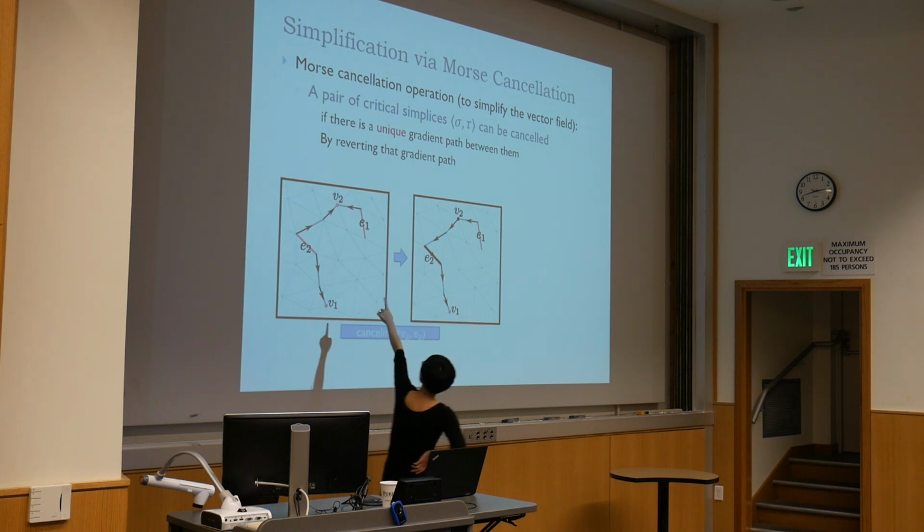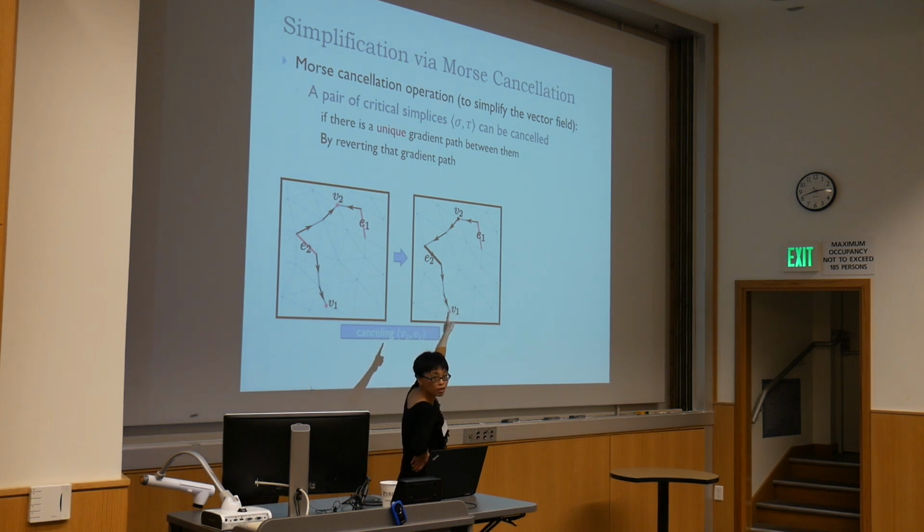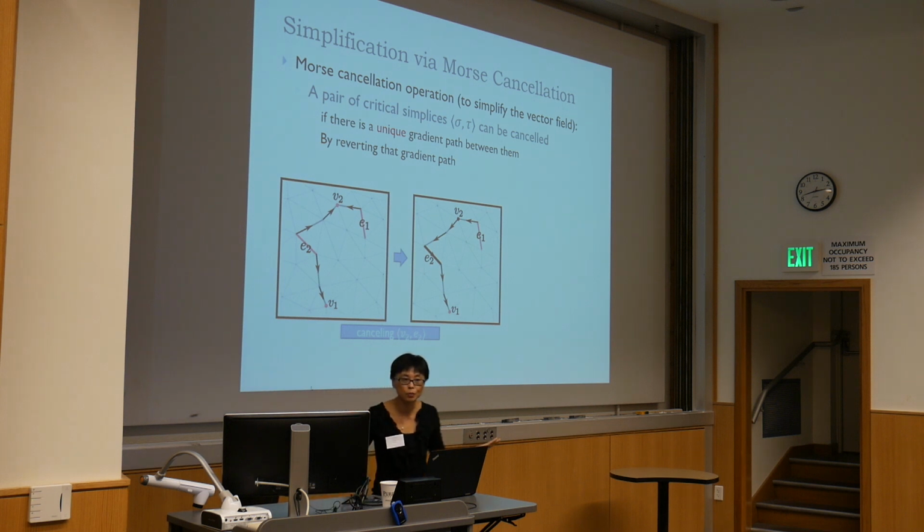This red V2 was not paired with anybody, but now I make V2 pair with this edge, and then the next vertex pair with the next edge, and so on. And this would render both V2 and E2 not critical anymore afterwards. So you're reducing the critical simplices.